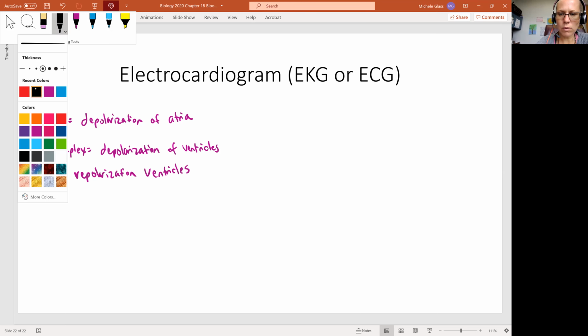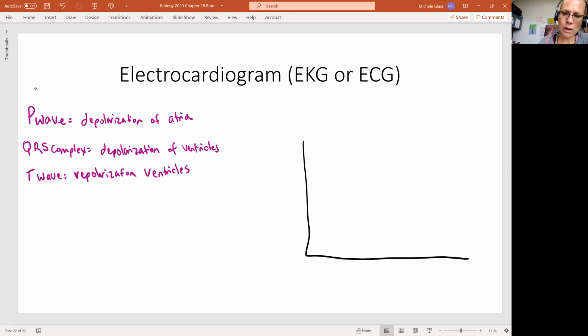I'm going to draw a graph. So I have X and Y axis. And on my Y axis, I'm going to label this in millivolts. And we can start at 0, and we can put our 0 kind of like in the middle of the y-axis there. And what we're going to see happening is we go a straight line at 0, and then do like a little bump up.